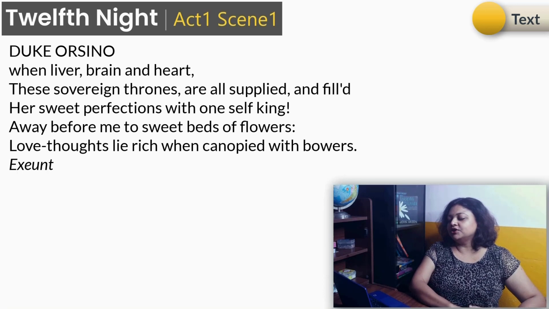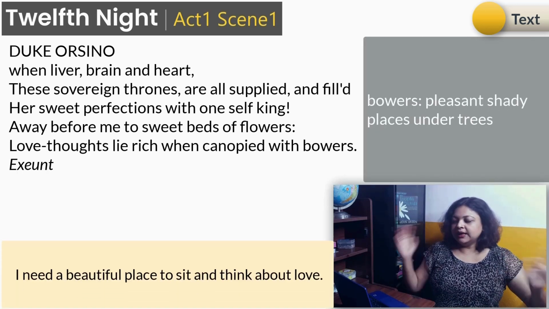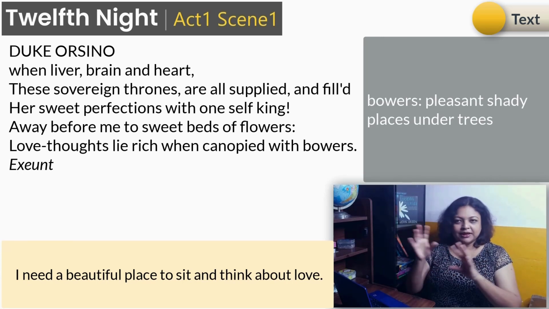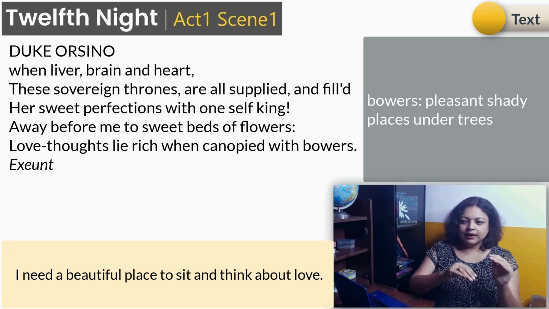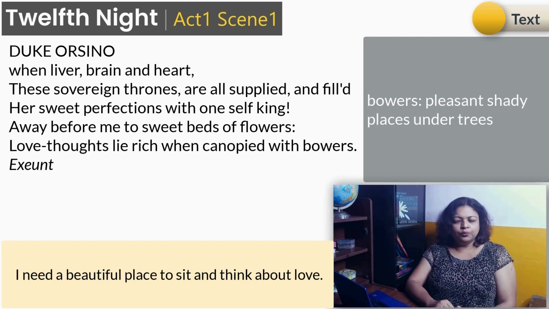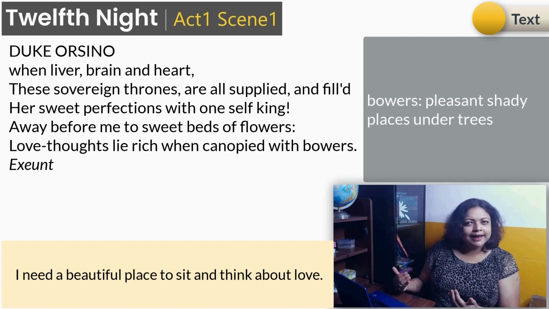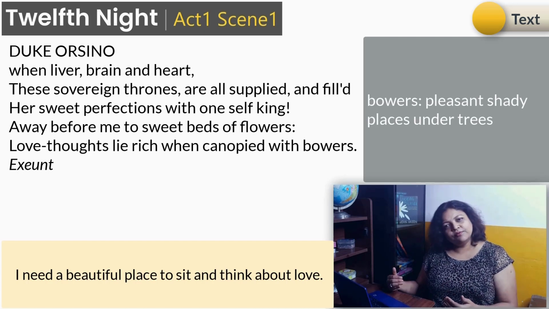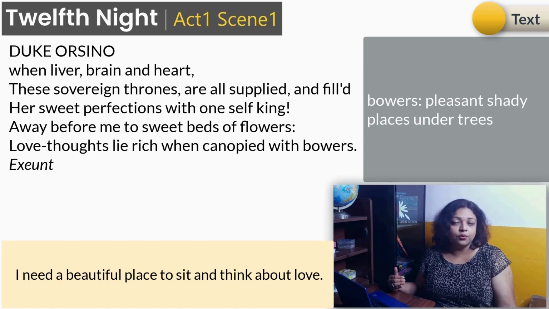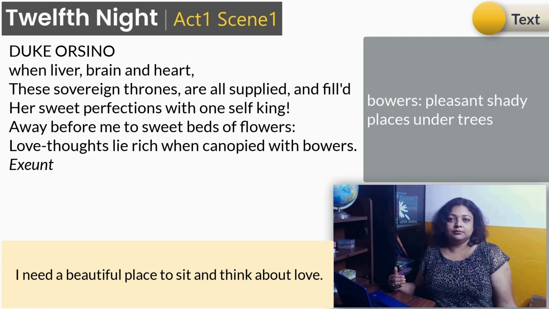Love thoughts lie rich when canopied with bowers. He is obsessed about love thoughts. See, thought, imagination, fancy. If you are truly in love with someone, would you convince yourself the way Orsino convinces himself, or would you actually go out on your own to see that person?